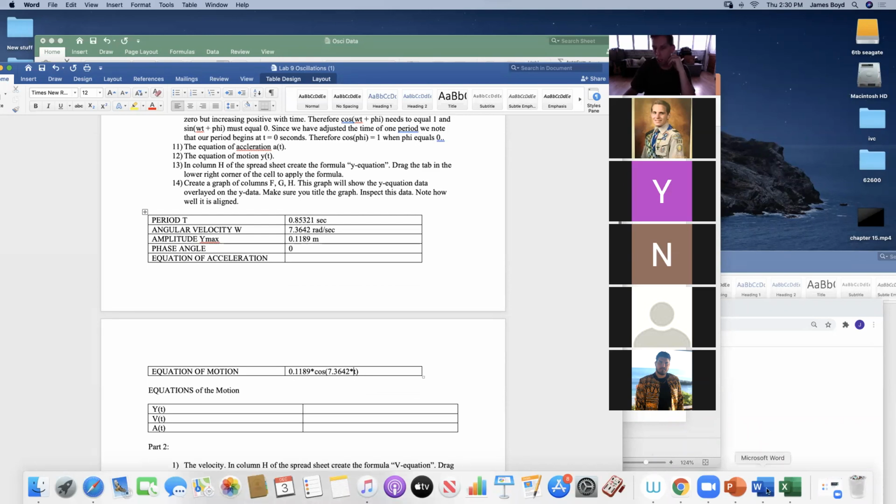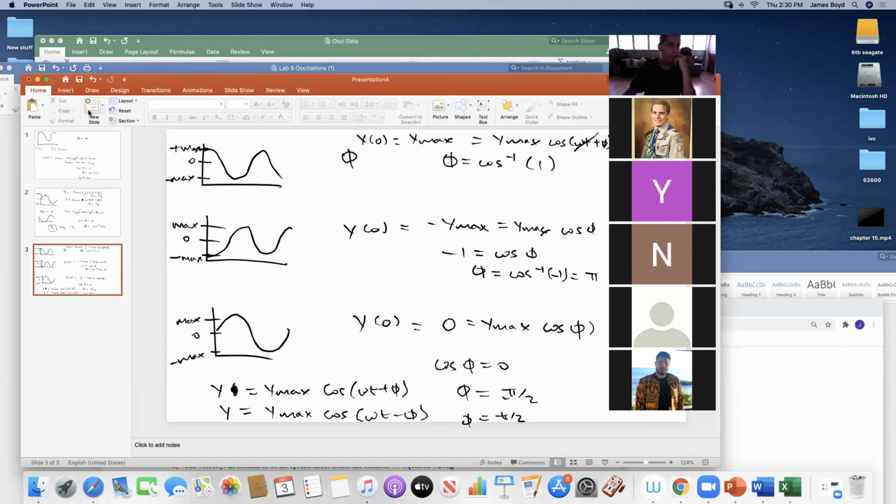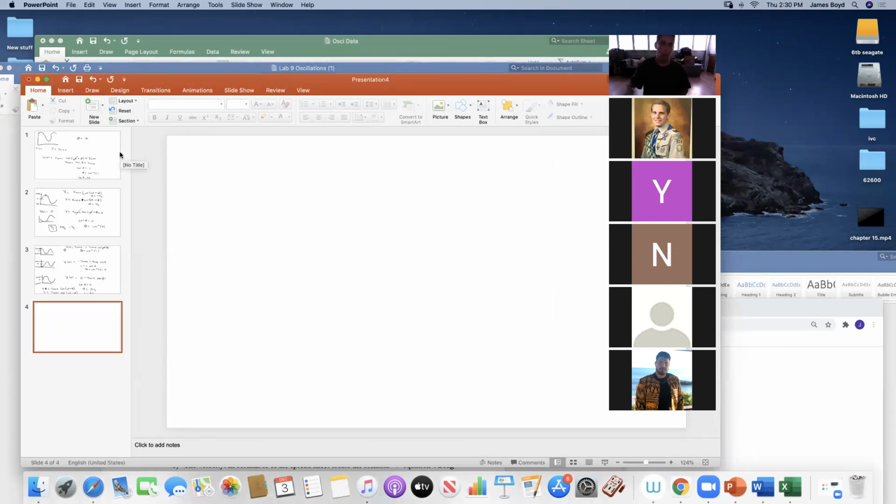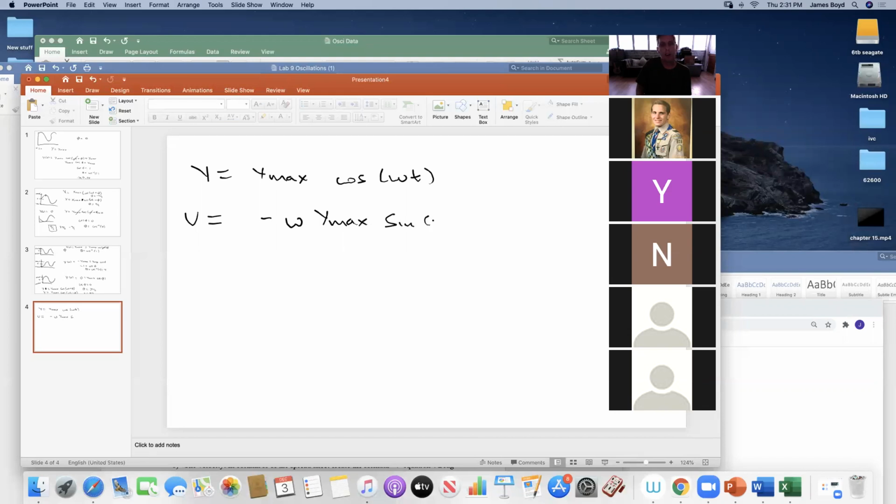Now, our velocity and our acceleration, we can find once we have y, and this is why we find it. Once we know y max cos omega t, v is the time derivative of this. The derivative of cosine is negative sine times the interior. So negative omega y max sine omega t is our v equation. And a is negative omega squared y max cos omega t.